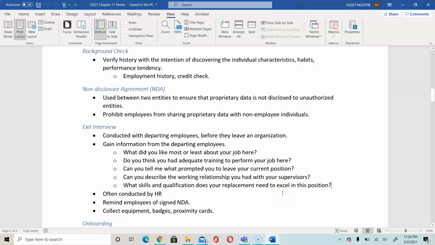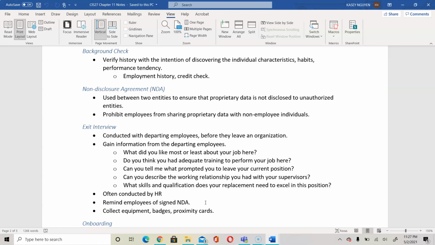This is often conducted by human resources. And at this phase, we would remind the employee about the NDA, and the NDA would be applied forever until that sensitive data, the proprietary data, somehow becomes publicized. So the NDA is required while they're in the organization, and when they leave the organization, it would still apply.